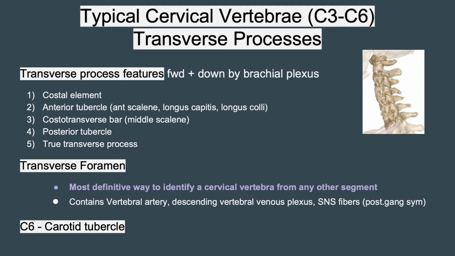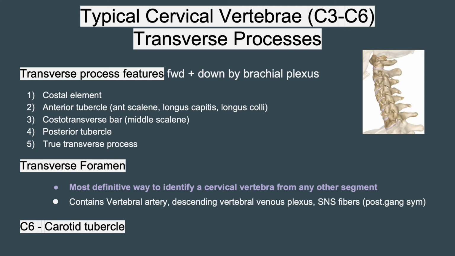So I think that the ability to rule things out is probably one of the best lessons you learn taking spinal anatomy exams. So your anterior tubercle is going to have articulations for the anterior scalene, the longus capitis, as well as that longus colli. Your costotransverse bar is going to have an articulation for the middle scalene.